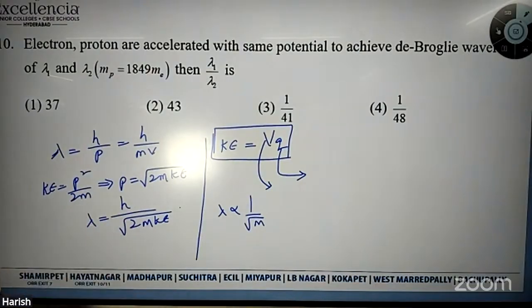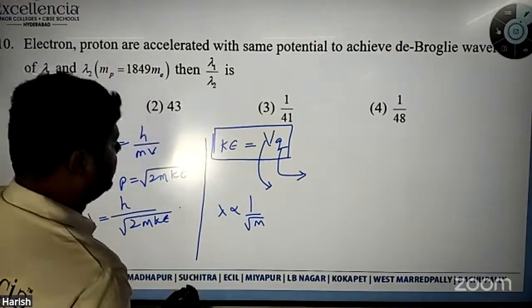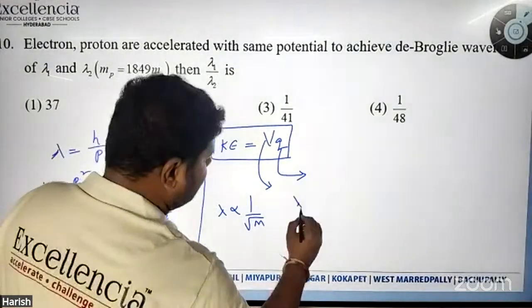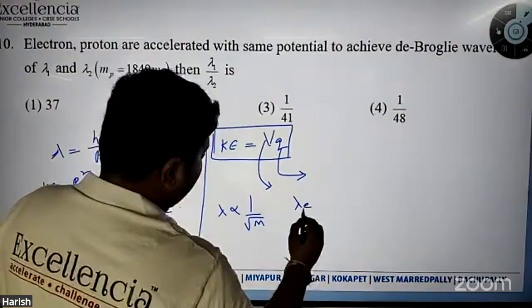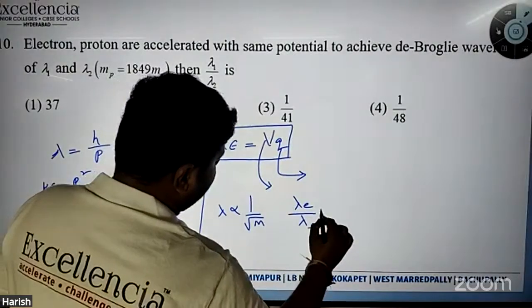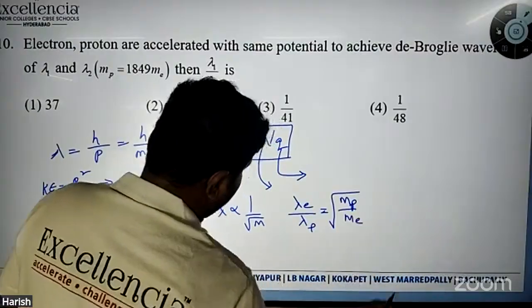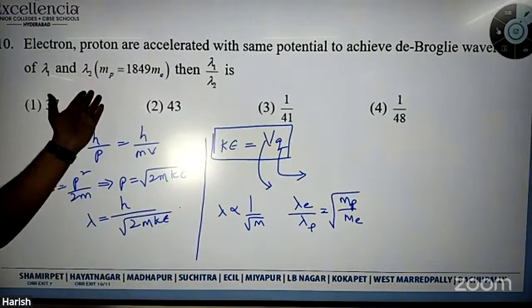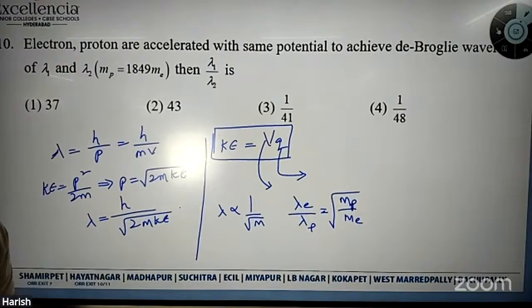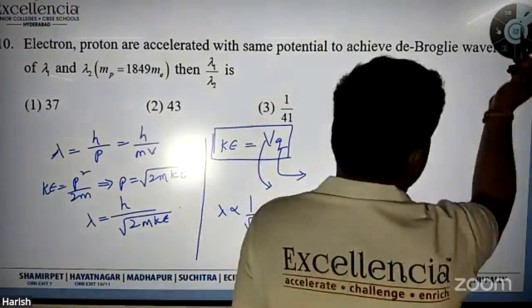So lambda of the electron by lambda of the proton is root of mass of proton by mass of electron. They have given the mass of the proton also. Just substitute there and simplify it. Okay, move on to the next one.